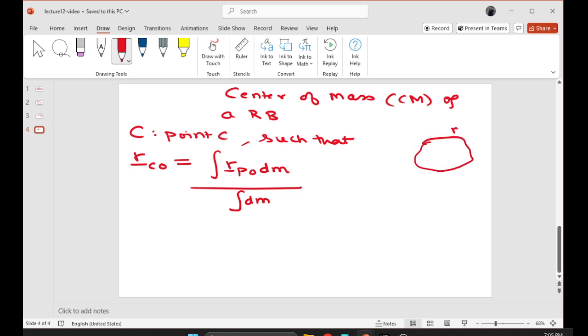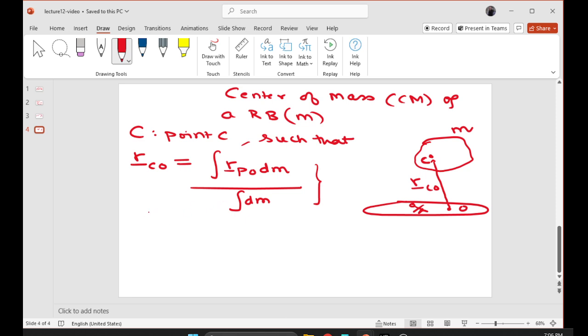So this is the rigid body of interest M, and I wish to know the center of mass. I am measuring the position vector of the center of mass, say from point O. So this is the position vector r_CO. How do we get r_CO? We get r_CO by doing this calculation.